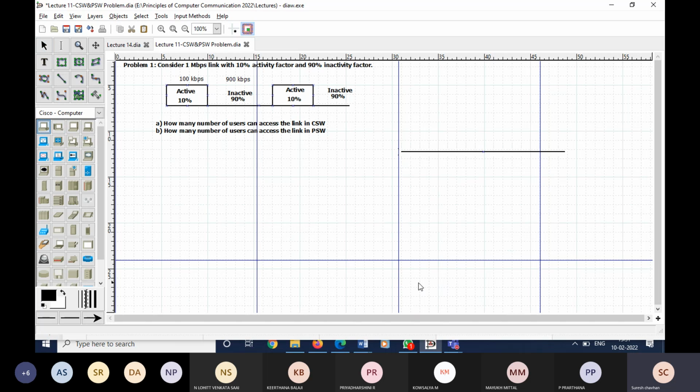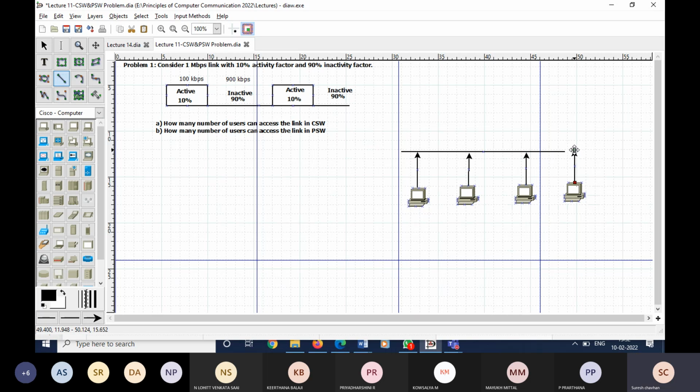And there are a few systems connected. Few systems like this, they are connected here, this one, and this also, and so on.